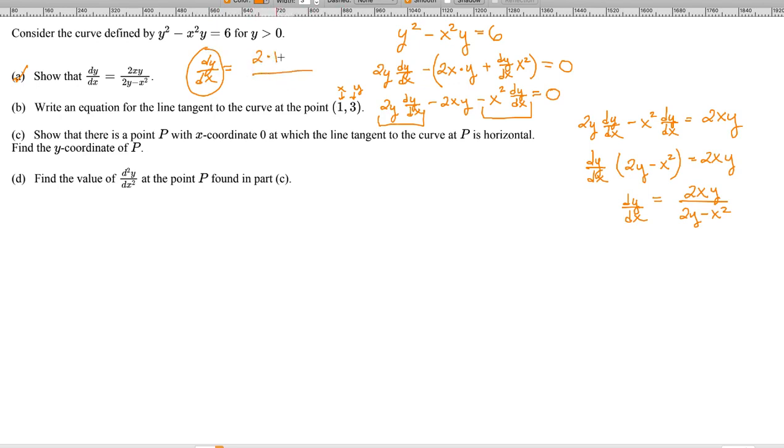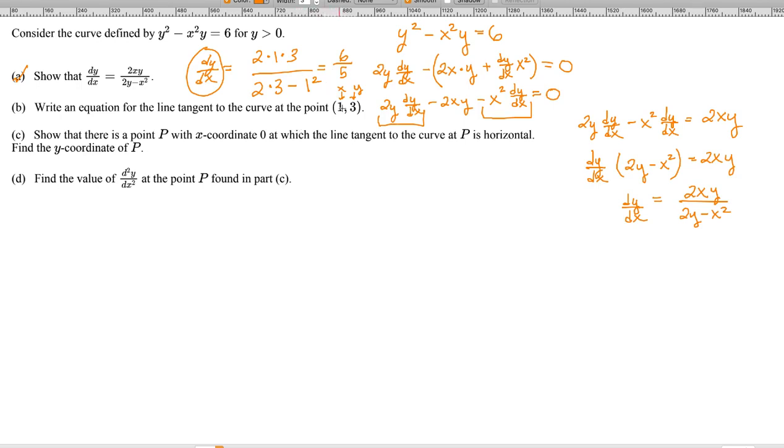I'm going to get 2 times 1 times 3 over 2 times 3 minus 1 squared. I'm going to get 6 on the top, and 6 minus 1 on the bottom is 5.